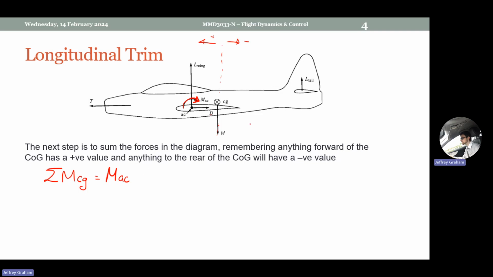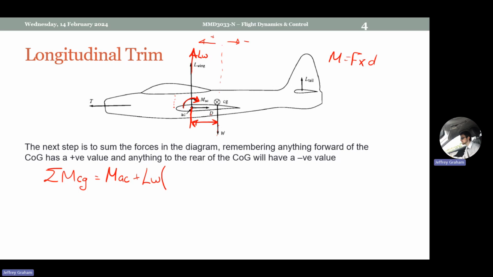The rest of it comes from the concept of a moment being a force times a distance. So this lift from the wing is the aerodynamic force, and the distance that we want is this bit here.